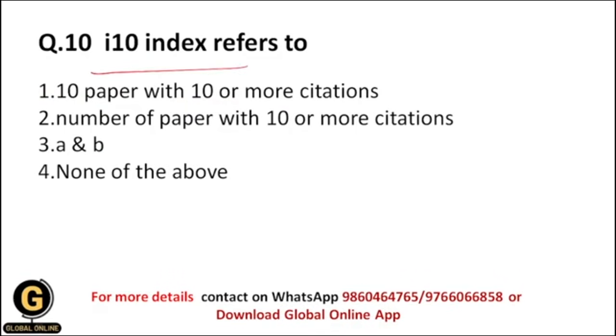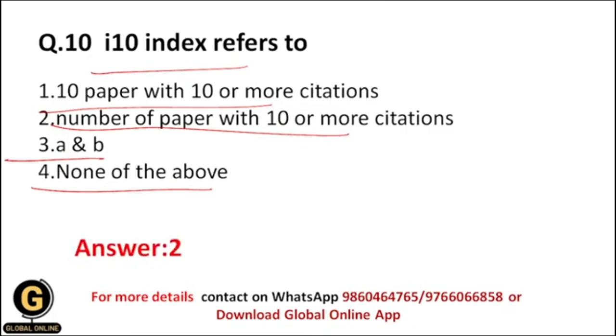I-10 index refers to, now students, what is I-10 index? So whether it is 10 papers with 10 or more citations, or number of papers with 10 or more citations, or A and B, or none of the above. So students, I-10 index actually refers to the number of publications with at least 10 citations. Okay, so number of publications with at least 10 citations, and that's why I-10 index refers to what?